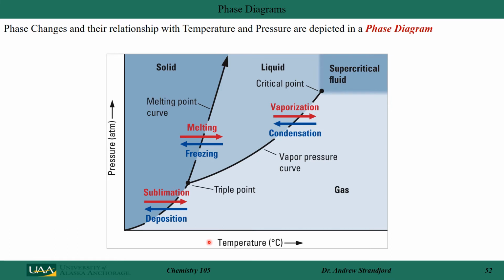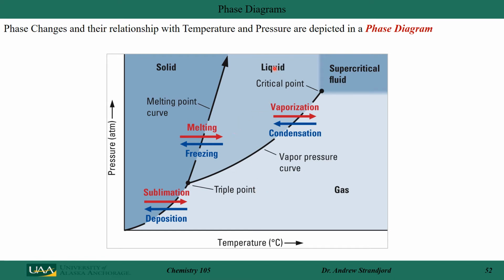In a phase diagram, we typically plot temperature on the x-axis and pressure on the y-axis. If we look at this phase diagram, each of the different phases is separated by a solid line. Everything at this temperature and pressure shown in this light gray area here is a gas.